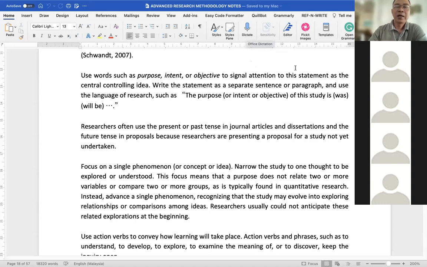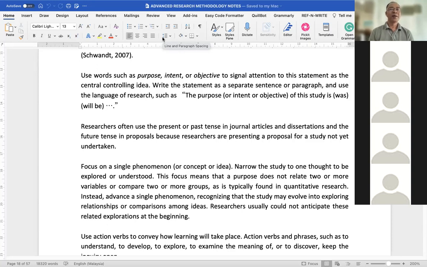For example, they have 5 research questions and 5 research objectives. So how do you write them? You need to look at the theoretical framework of the study. It will guide you in writing the research questions and research objectives.